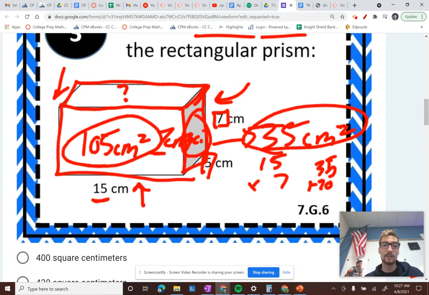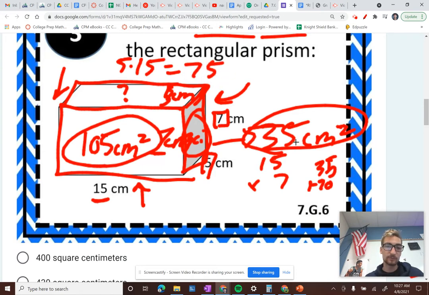So we said that this side was 105 centimeters squared. This side over here was 35 centimeters squared. If I'm looking for the top, it's going to be 5 centimeters going across, multiplied by 15 going on the bottom. So it's going to be 5 times 15, and that's going to give me 75.